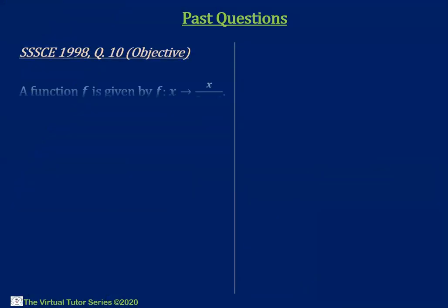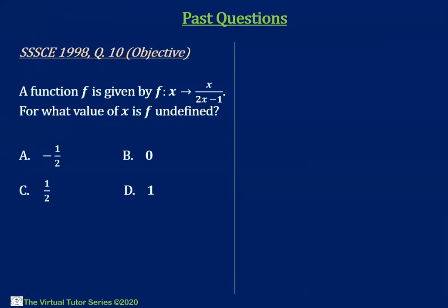SSSCE 1998. Objective question 10. A function f is given by f: x maps to x/(2x - 1). For what value of x is f undefined?